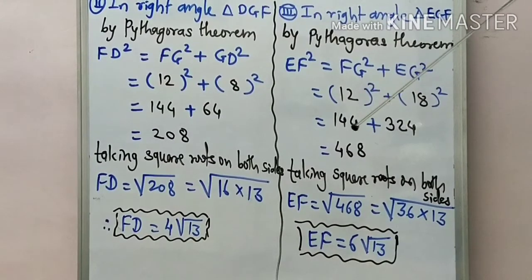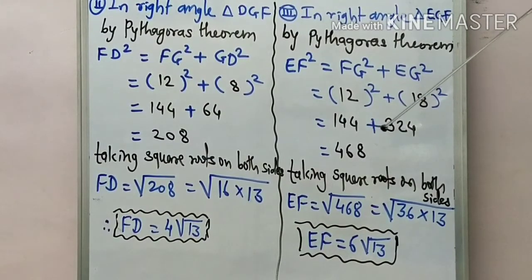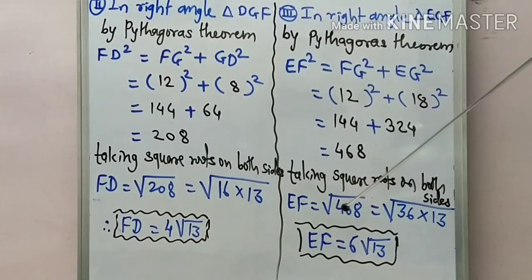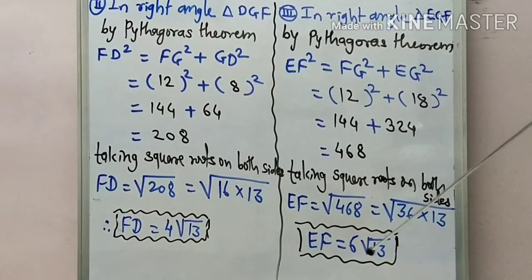So square of 12 is 144 plus square of 18 is 324, so that addition is 468. So again taking square roots on both sides, 468 is not a perfect square number, so EF is equal to root 468, but 468 is factorized as 36 into 13, and therefore EF is what? Square root of 36 is 6. Yes, 6 root 13. Okay, so like this we have a 3 marks example in the exam.